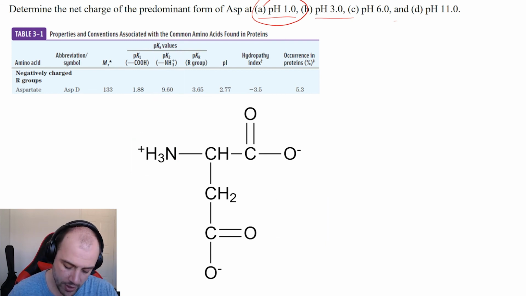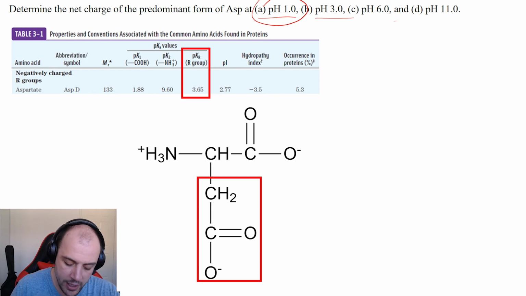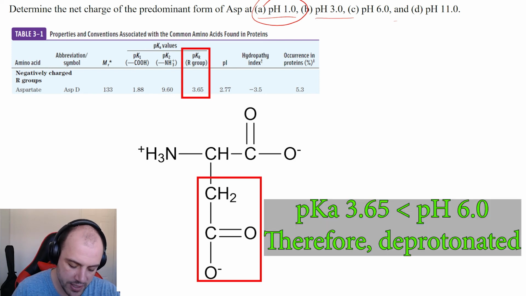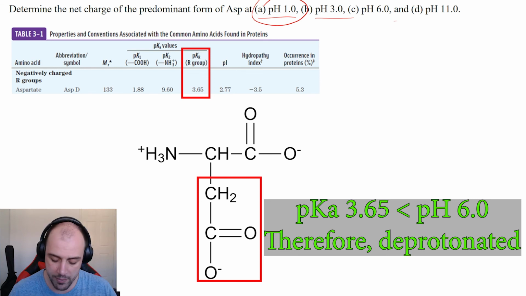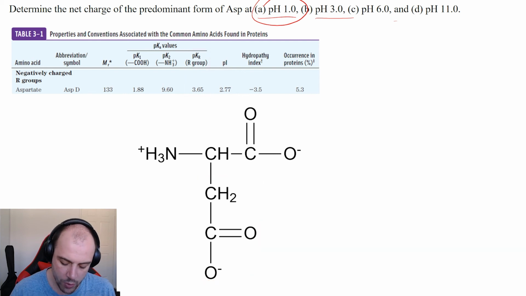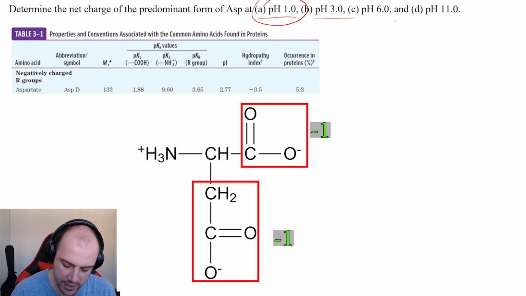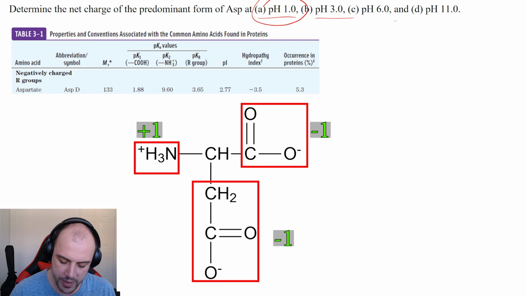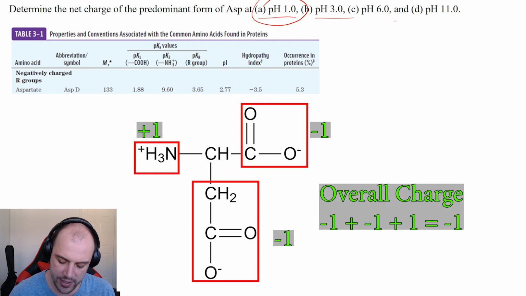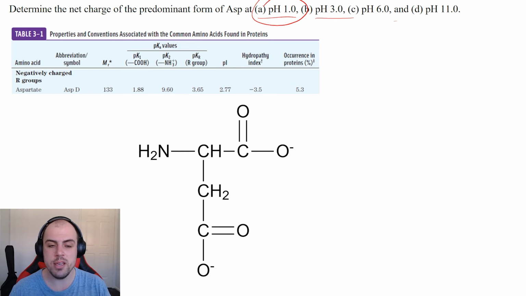Our R group, however, is going to be deprotonated because 3.65 versus 6, that means that it is going to lose that hydrogen and become deprotonated. Looking at the charge, we have -1, -1, and +1, which means the overall charge here is going to be -1.